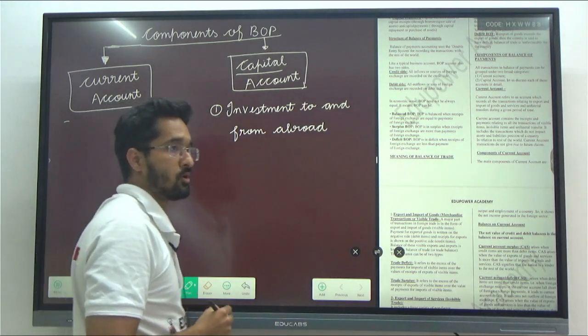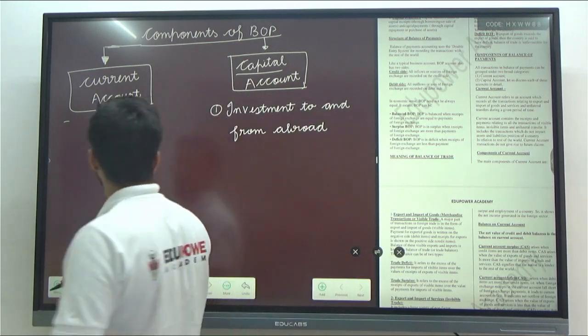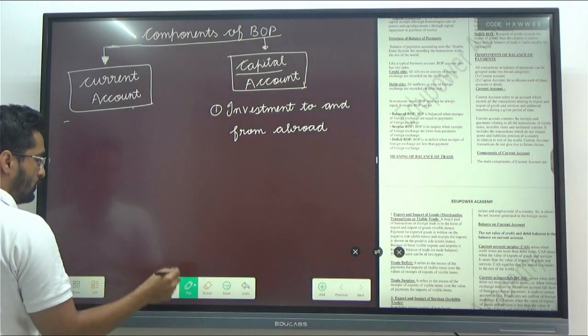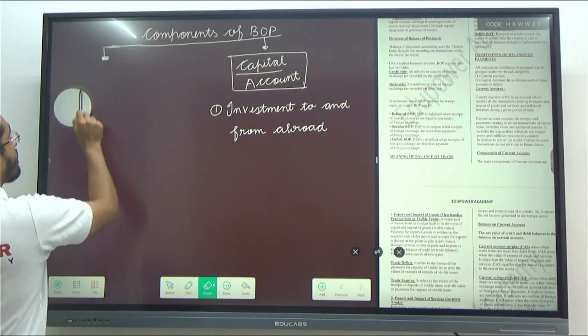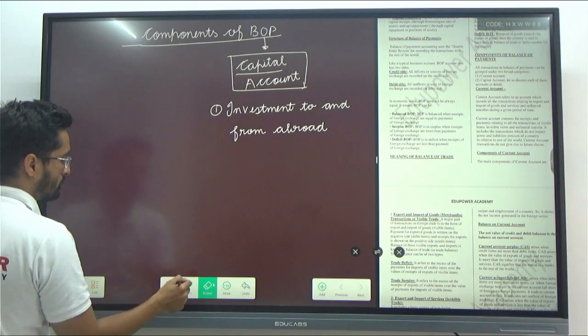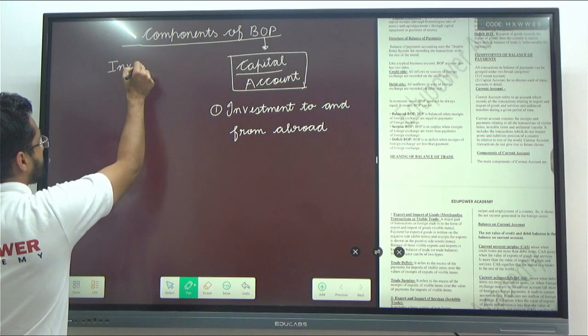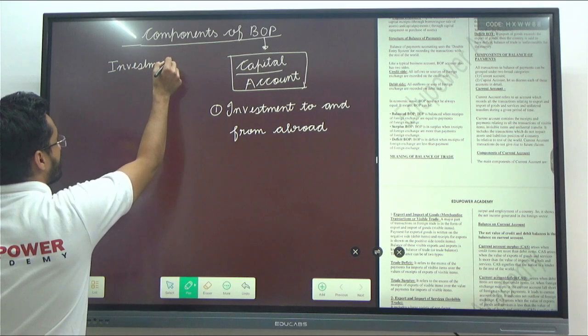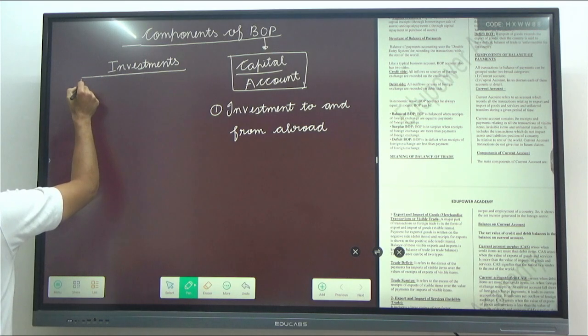Basically, investments are of 2 types. Two types of investments are possible. The first kind of investment is FDI.